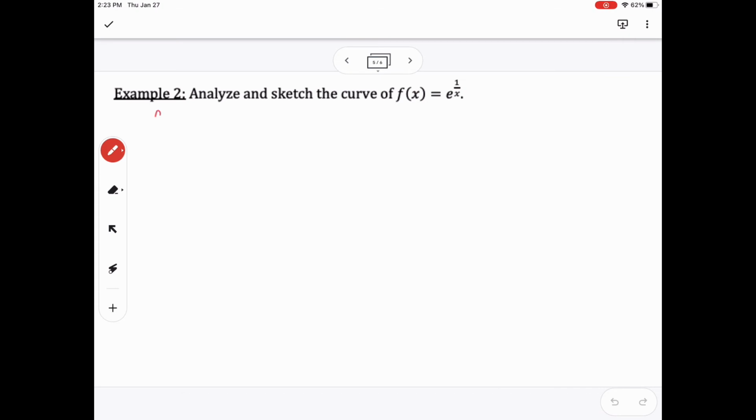Example 2, I have the function e to the 1 divided by x power. Now this one's unique in the sense that you're not really going to have a lot of critical points here, because when I set e to the 1 over x power equal to 0 and try to solve, I get ln of 0 on one side, which is not possible.